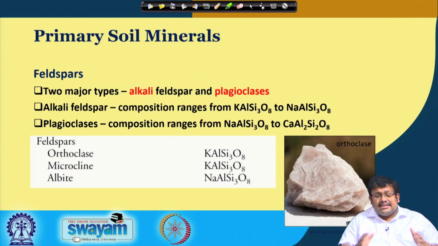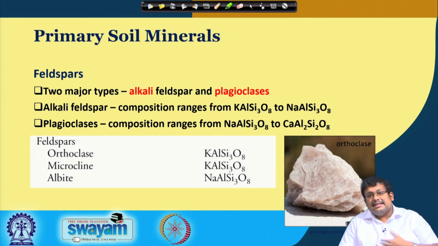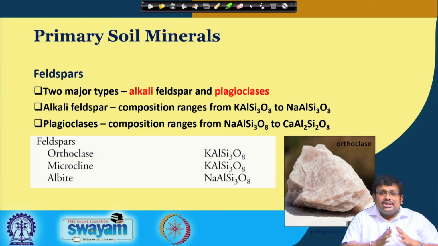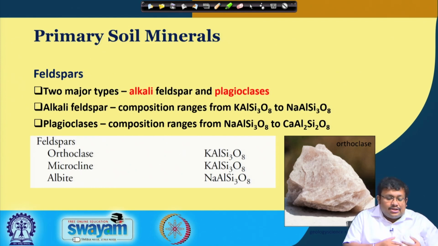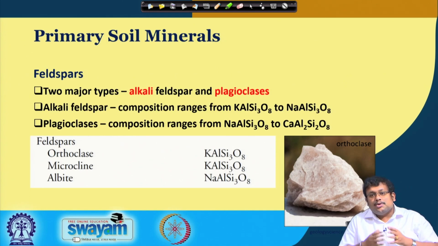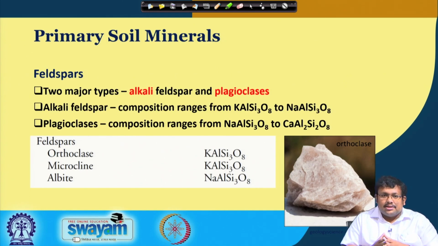So, if we see the classification of the feldspar, there are two major types. One is called the alkali feldspars and another is plagioclase feldspars. Now, alkali feldspars, their composition ranges from potassium feldspar to sodium feldspars, and plagioclase feldspars, their composition ranges from sodium feldspar to calcium feldspars.